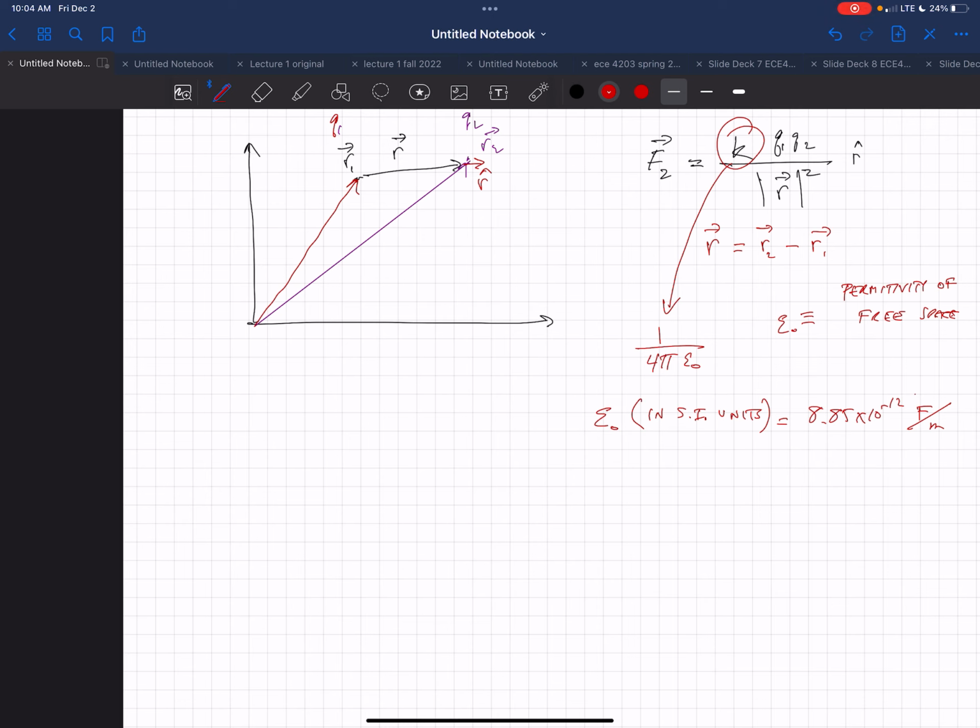So the force in a vacuum is the maximum, and in other mediums it's less. And that ends up being the dielectric constant of those mediums.